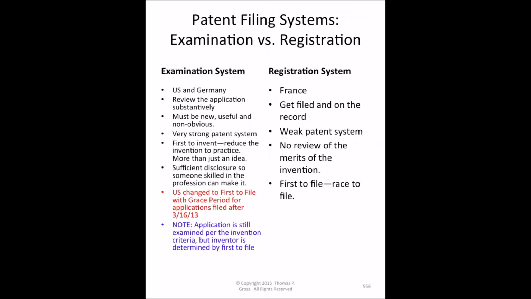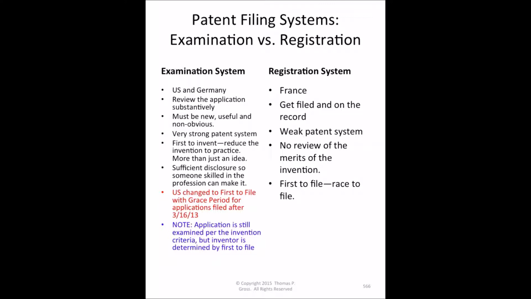There are different types of patent filing systems, and we call the two big ones examination versus registration. Of the two, the examination system is the stronger, and it's what we have in the United States and Germany and some other countries.